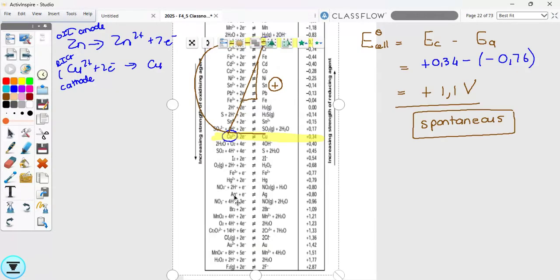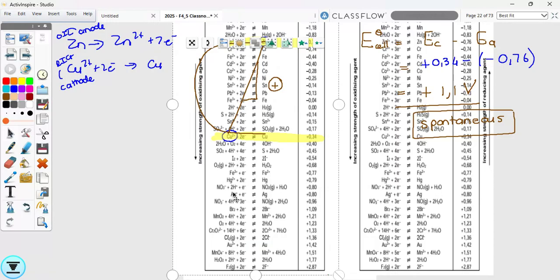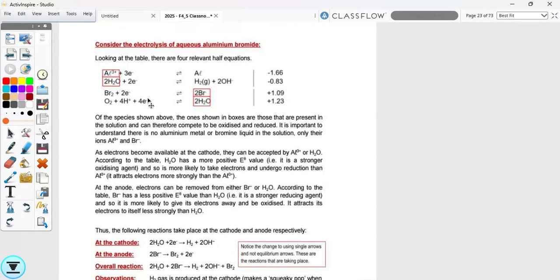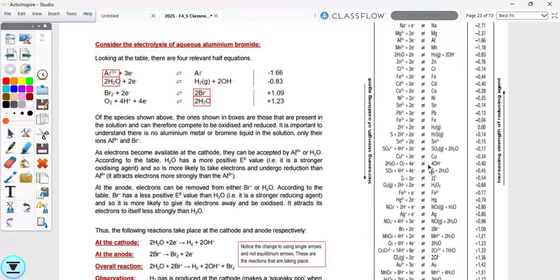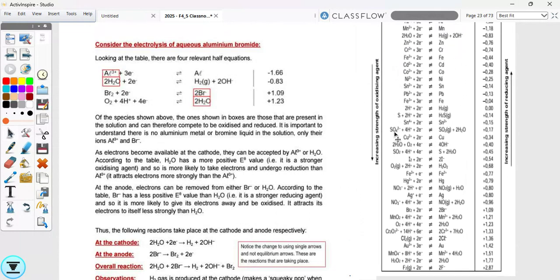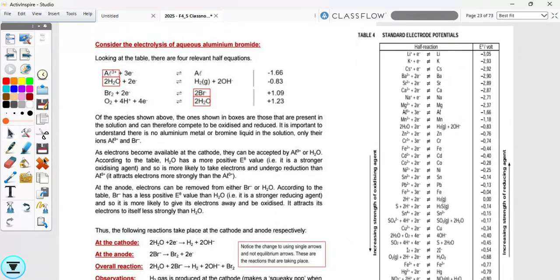So for this reaction here, you can see that the competition for the strongest oxidizing agent that would rather be reduced, so it will be reduction, would be either aluminium, which is there, or it would be water, which is there.